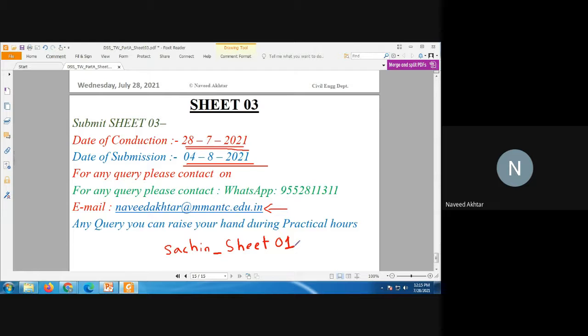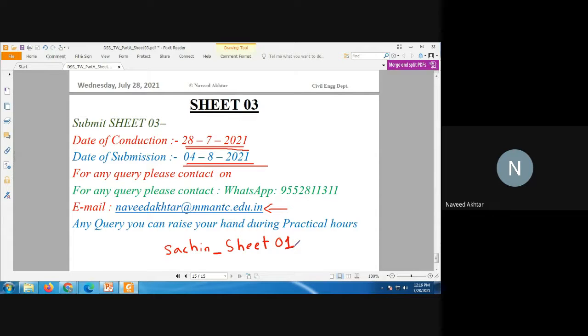But if physical classes start, you can bring your sheet, and I will write down your name and your work on my sheet. I will mention the date of submission, and then marks will be given as per your work and your grade, and your assessment will be continuous.